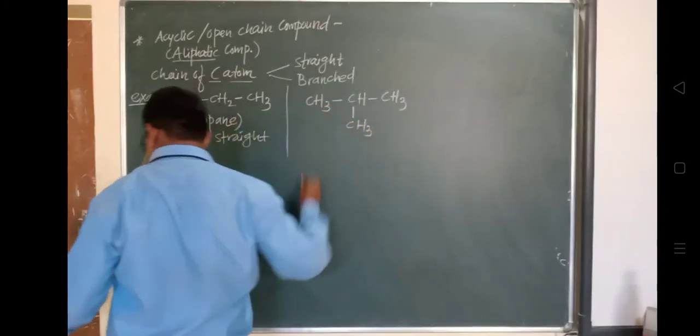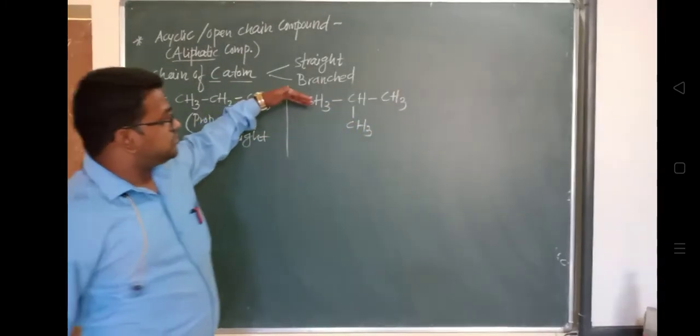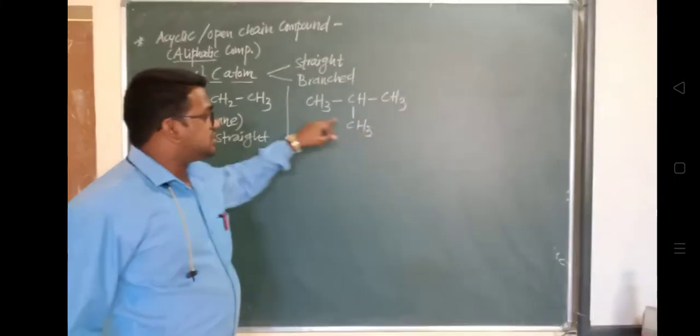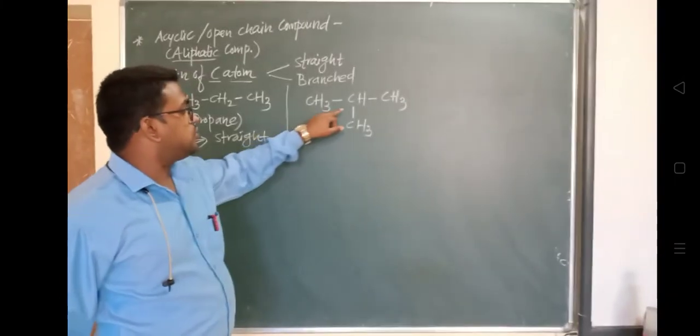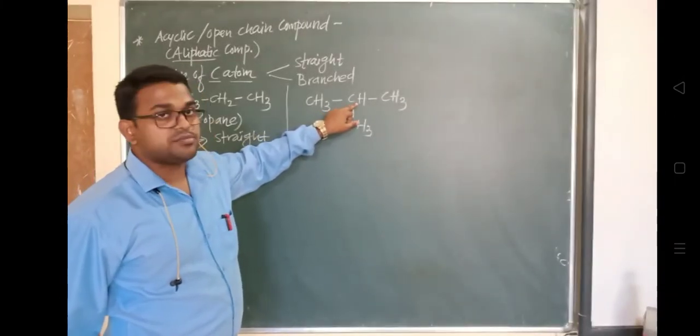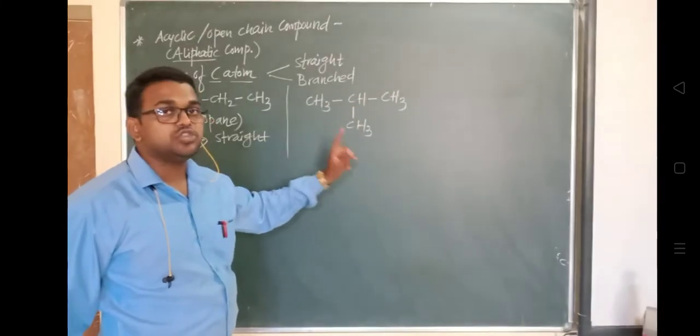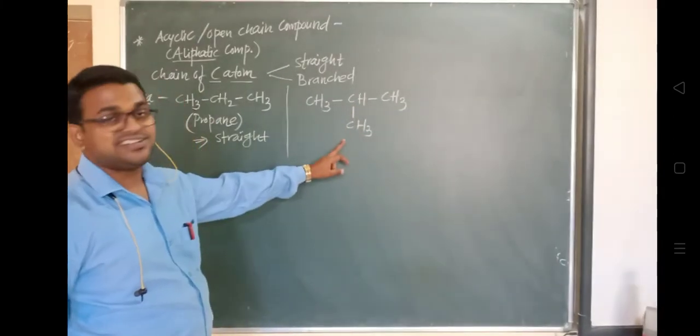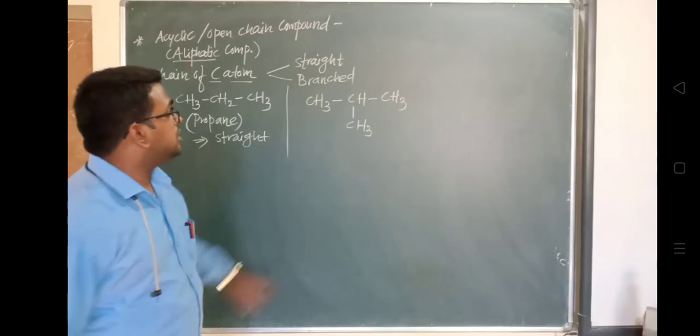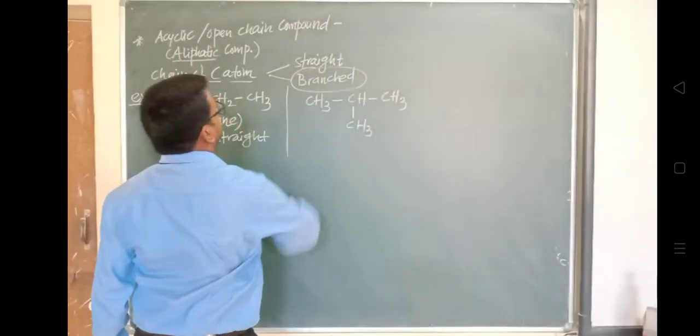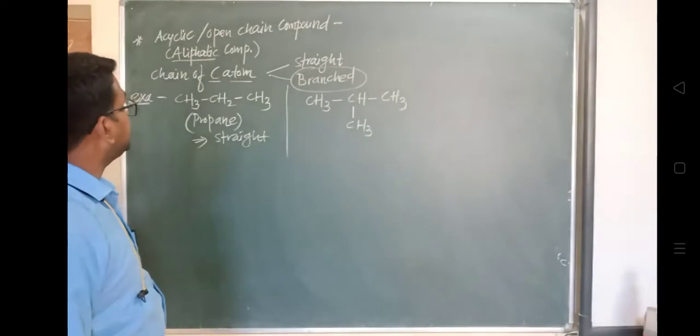Right now, look at this. If we talk about this horizontal line, it is a straight chain. But what has happened in the middle carbon atom? Once again, one CH3 is attached. Means what? It is a branched kind of acyclic or open chain compound.